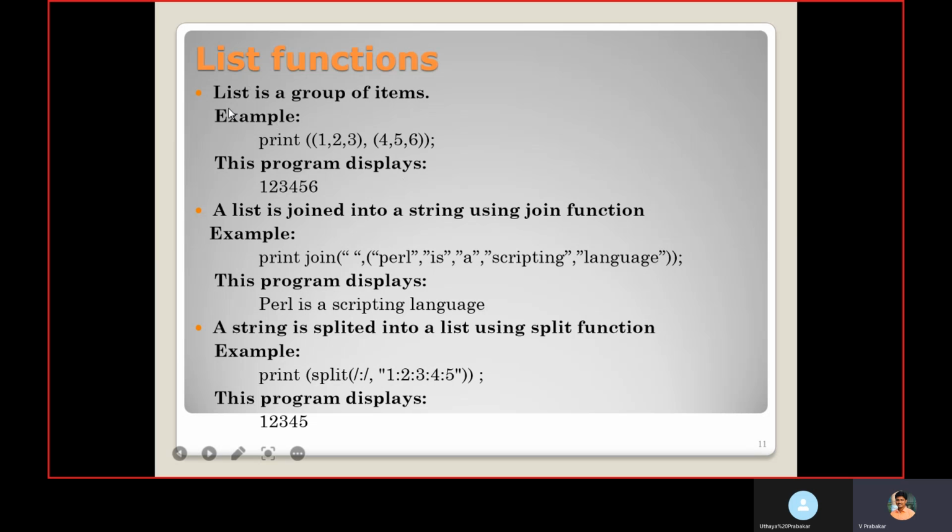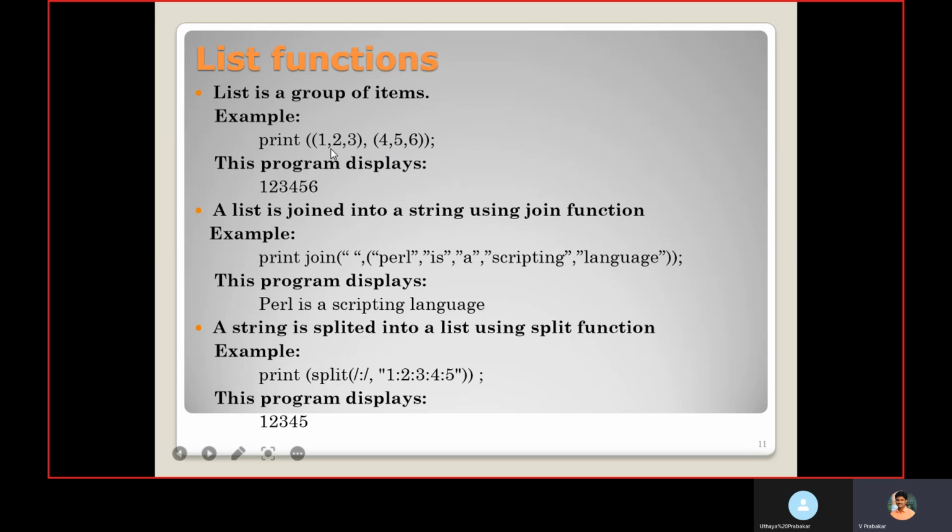Now we are going to see the list functions. Before that, what does a list mean? It is a group of items, a group of scalar items. So this is one group, the 1, 2, 3 group. This is one list, and this is another list, 4, 5, 6.